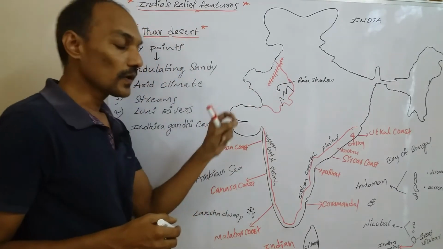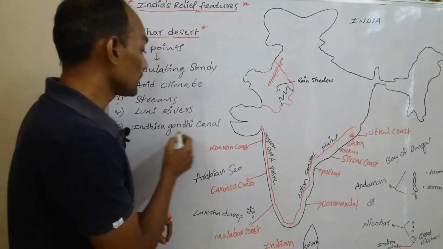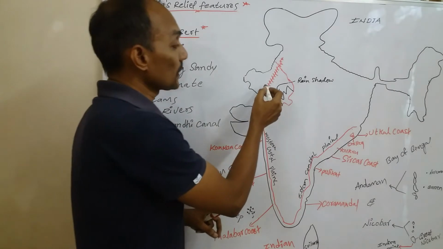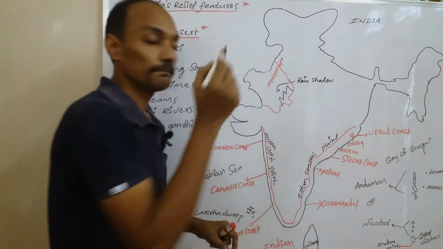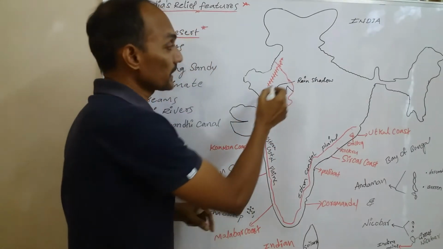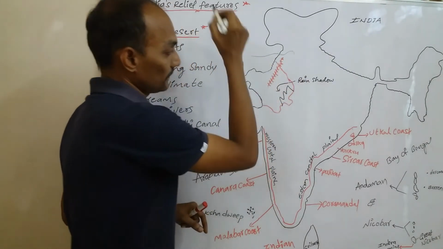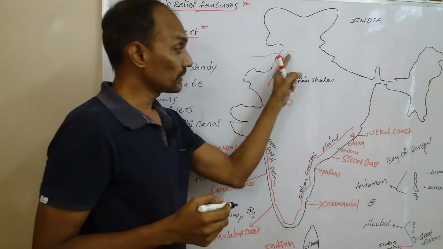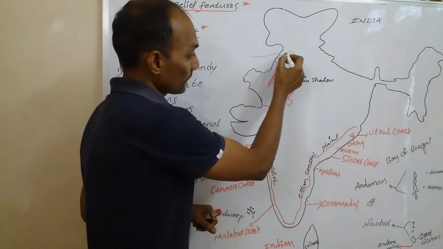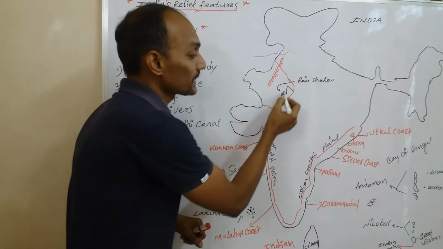And the most important thing is the Indira Gandhi Canal. The Indira Gandhi Canal is the longest canal in the entire India. It is connected to the Sutlej River, because this canal brings water from the Sutlej River to the people of the desert area.